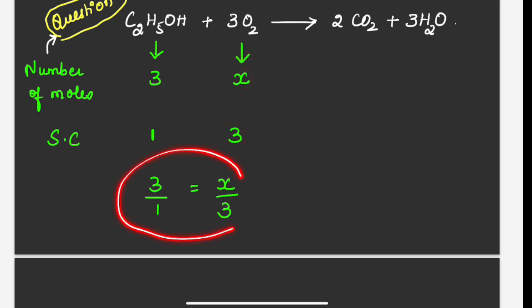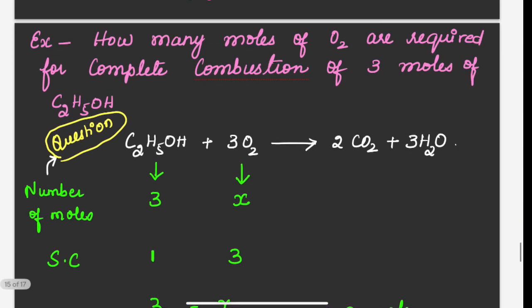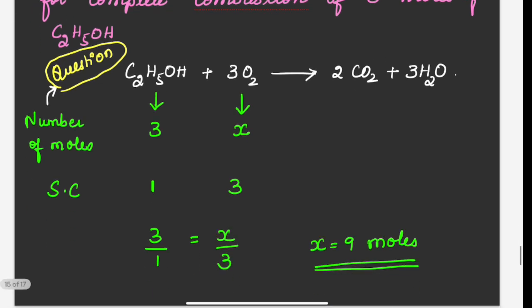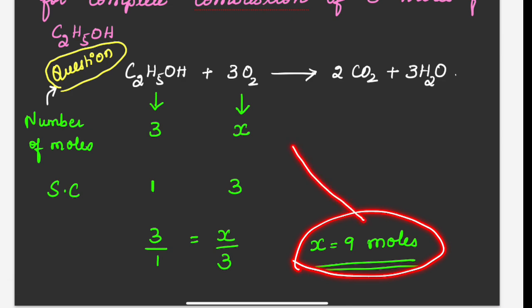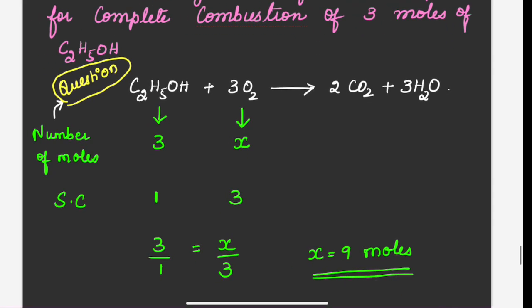Now find the x value from this. You will get x is equal to 3 threes are 9 moles. So 9 moles of oxygen. In the question they are asking, how many moles of oxygen are required for complete combustion? So the answer is 9 moles of oxygen is required for complete combustion. Is that clear? This is how we are going to use these 4 tricks to solve this question.